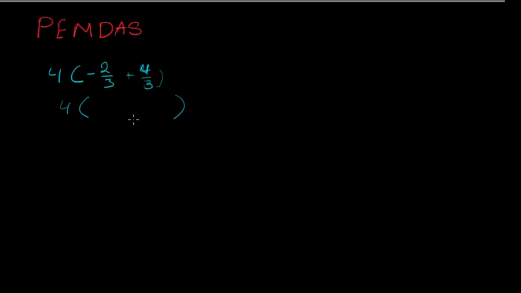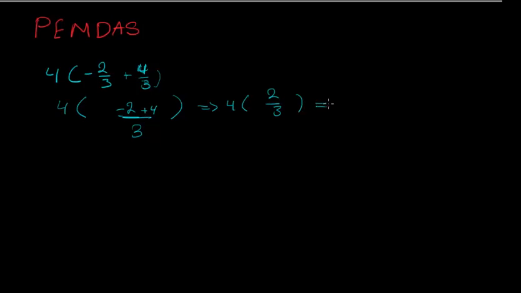Since they have a common denominator, we can easily add them up. Minus 2 plus 4 over 3, right? It equals 2 over 3. Now we can multiply the numbers. It's going to be 4 times 2 over 3, which is 8 over 3.